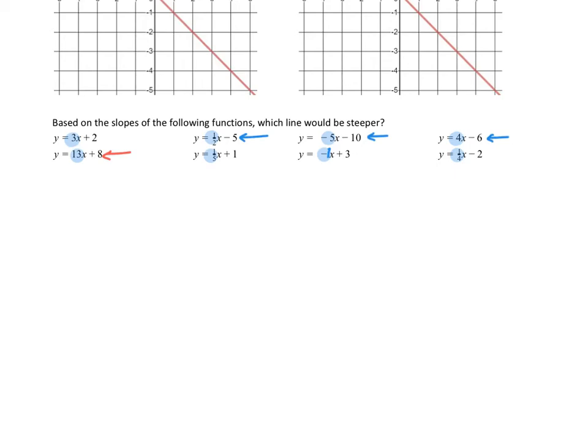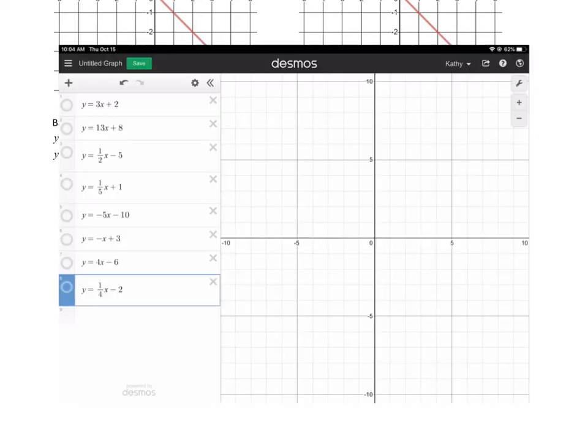But let's say we just weren't really sure about which one was going to be steeper and which one is going to be less steep. Again, this is a very visual concept. So if we were to take all of these equations and graph them like you see on your screen, and then we started checking, let's say the first two, we would agree that this blue line is steeper, which is what we got when we did it by the slopes.